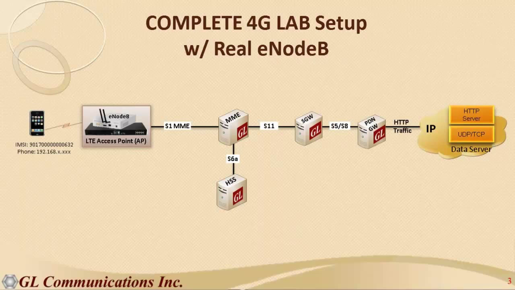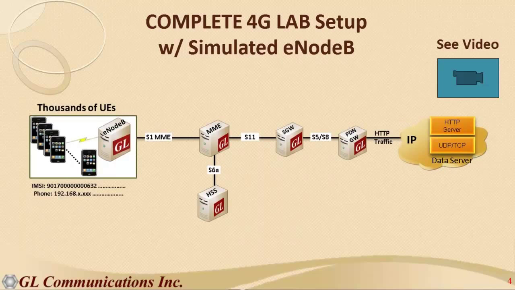GL provides one more setup with a simulated eNodeB, where thousands of UEs can be simulated with a core network acting as a GL EPC. Now we'll go through a video which explains how this can be achieved using GL equipment.